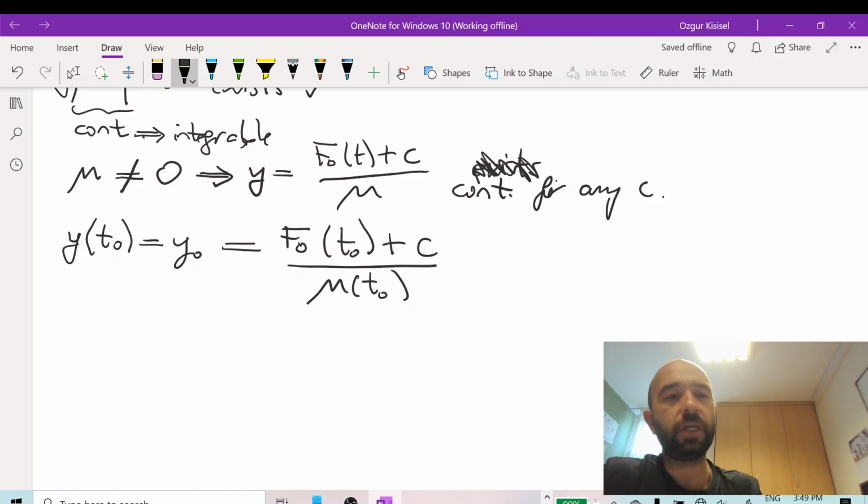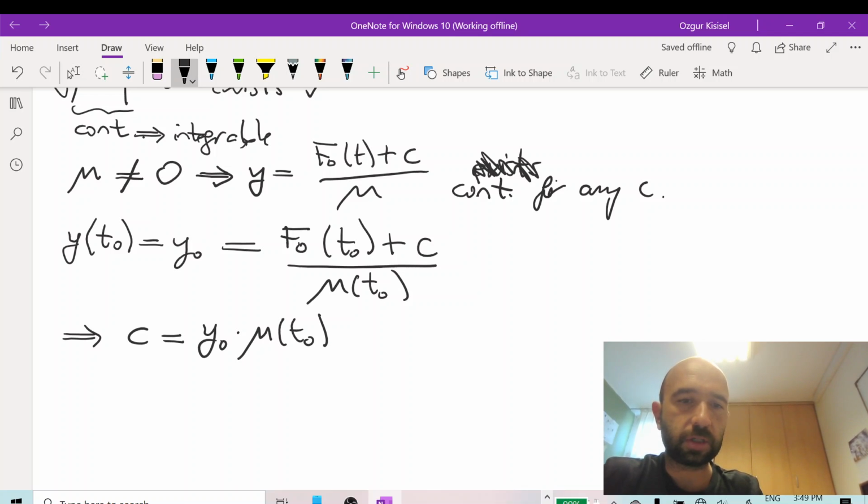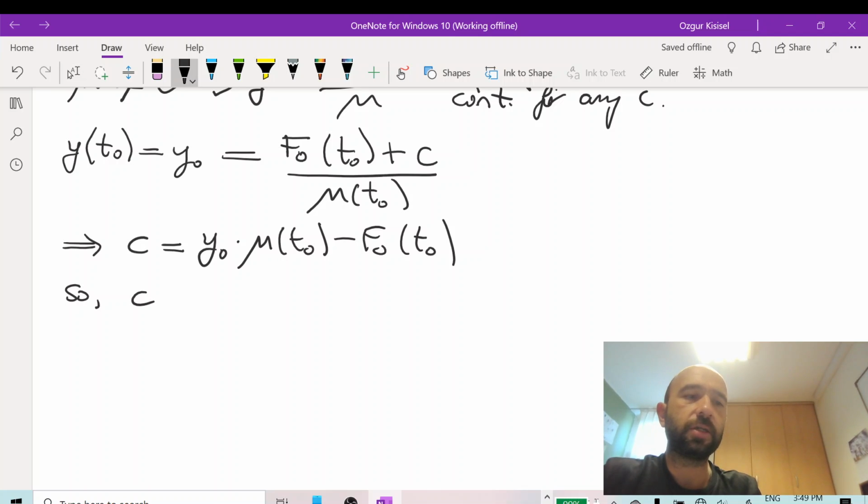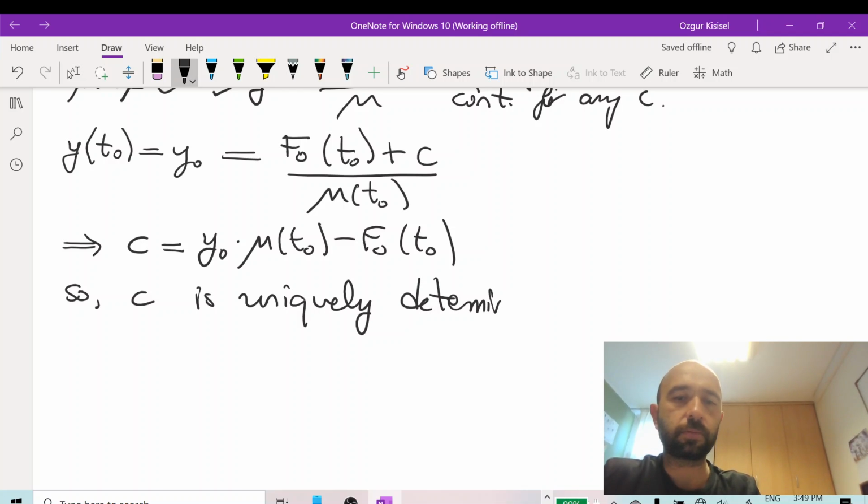Now solve for C. You'll see that there's only one answer here in terms of the other numbers: y0 times mu(t0) minus f0(t0). So in terms of the given things, C is uniquely determined. So there's a unique solution.